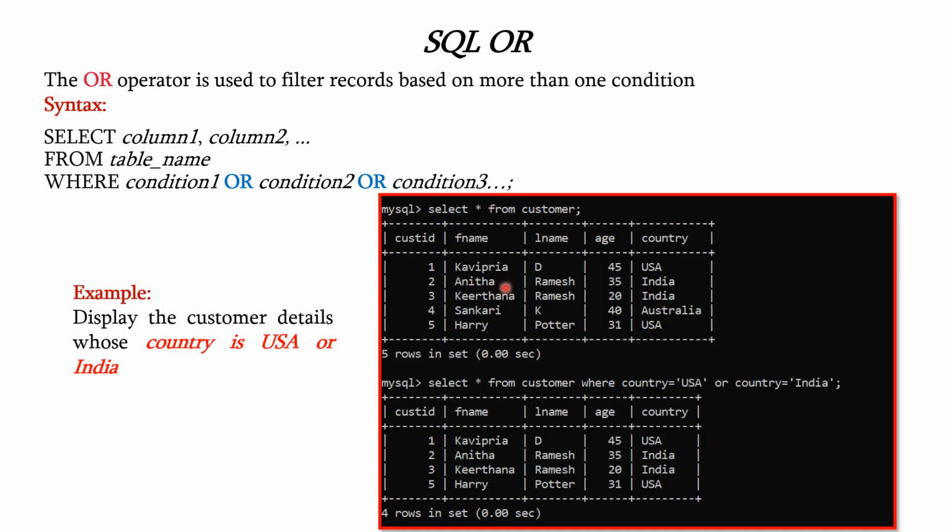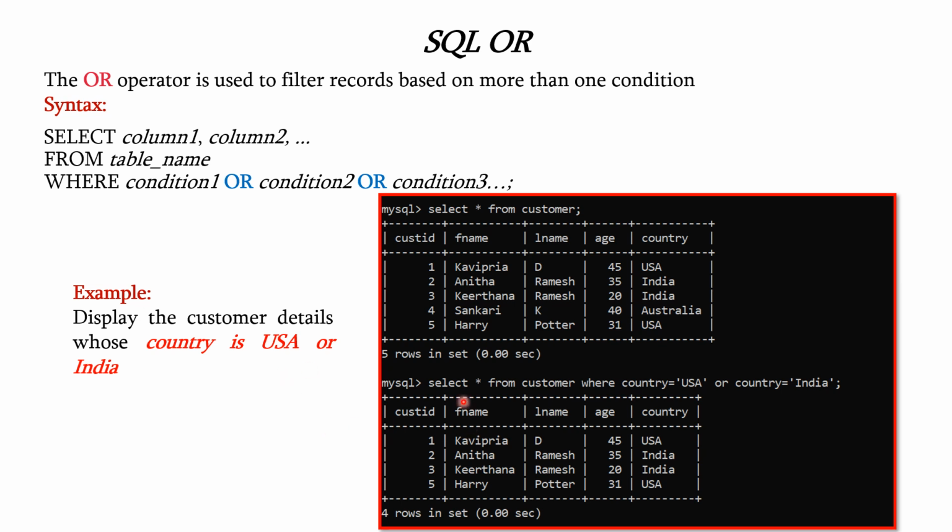So here we are considering the customer table. The customer table has 5 rows, and if we consider this example, display the customer details whose country is USA or India. So we have to display the details of customers who live in USA or India.